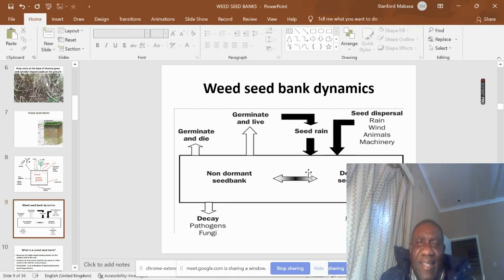Or this may come as foreign direct investment from other areas, and you get these seeds. So this is the model. In fact, when we control weeds, we are actually influencing this weed seed bank dynamics.